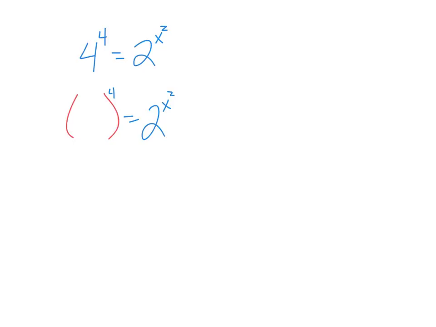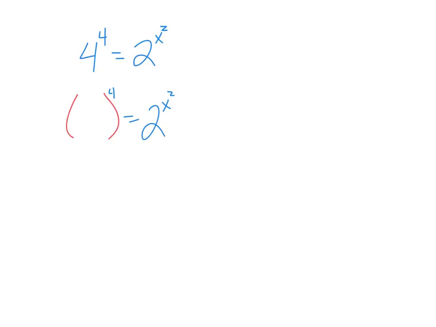There should be a reason. What's the reason that the left-hand side is the one we want to mess with? It's the bigger number, so it's easier to go down as opposed to try to go up. If you're going up, you got to mess with fractions right away. So going down, you just got to rewrite it.